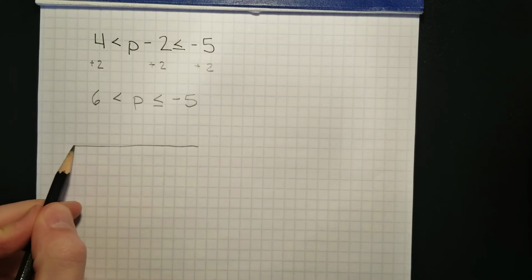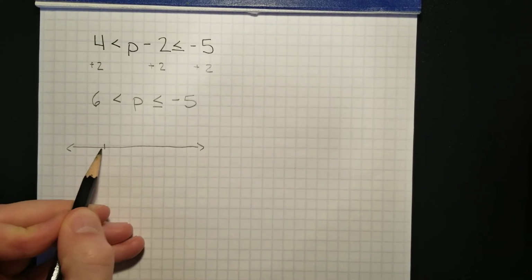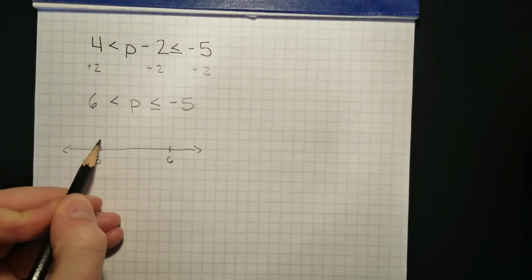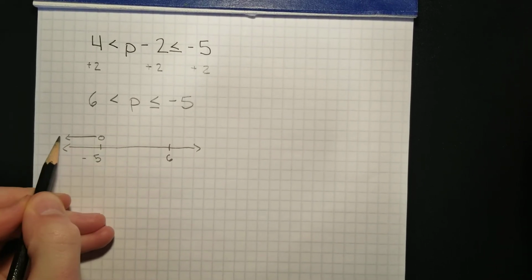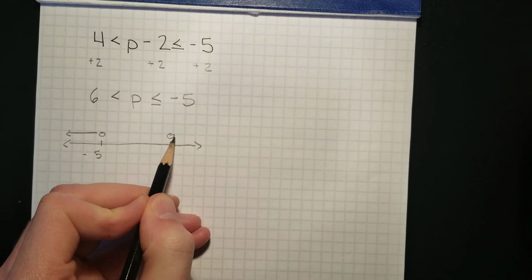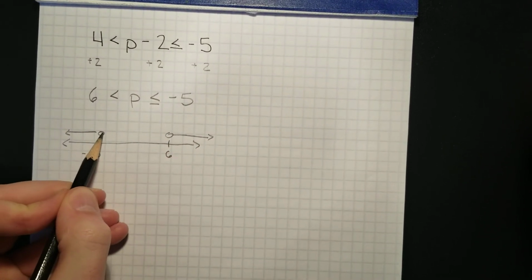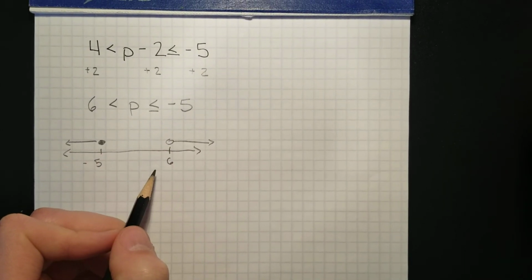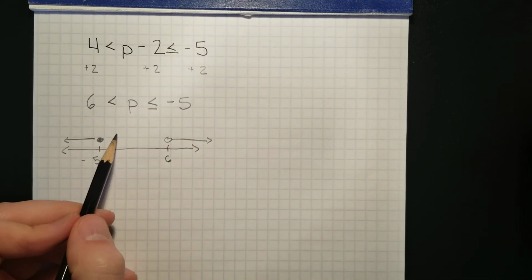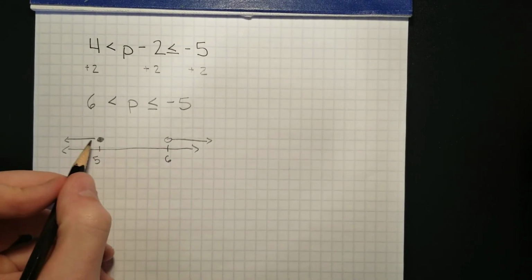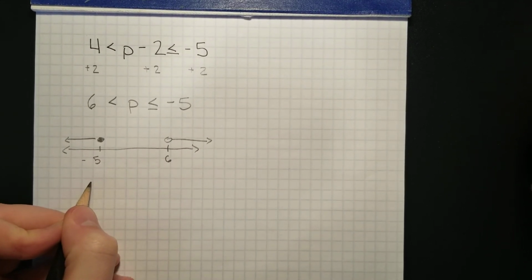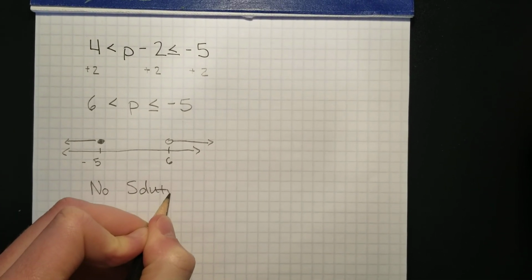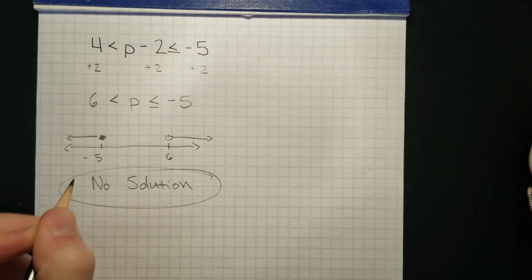If we graph that on the number line with 6 and negative 5, we're asking for the numbers that are both in that direction and also in this direction. Again, this is an and problem, and we have to think about what part of these two lines connects. And again, they don't. So this means we have no solution, kind of like we did yesterday.